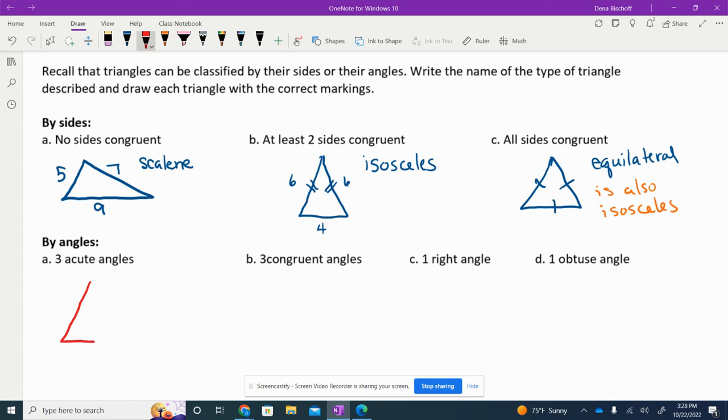So 3 angles are acute. Let's say this angle has a measure of 59, this angle has a measure of 61, and this angle has a measure of 60.